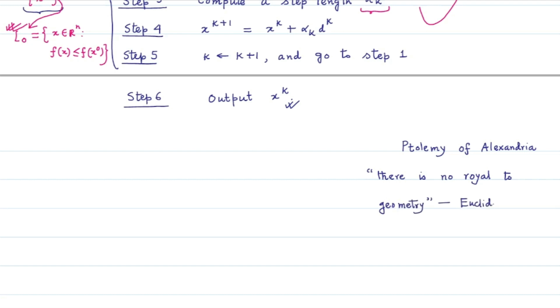However, for the subject of optimization, whether we really have to go through all of these tedious epsilon-delta arguments or not, we do not have a simple answer like this. There is no royal road to optimization. Geometry is a subject that may be developed without regard for its practical application.